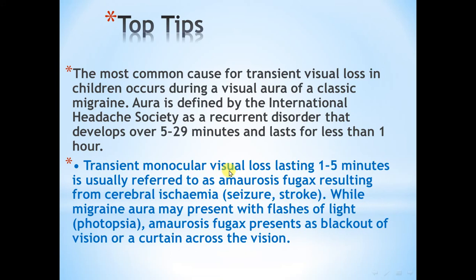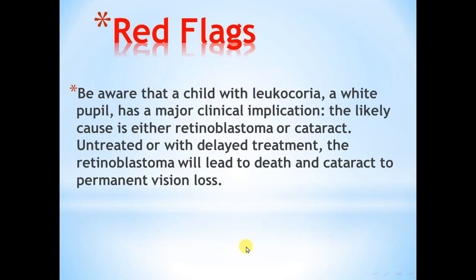Transient monocular vision loss lasting 1 to 5 minutes is usually referred to as amaurosis fugax, resulting from cerebral ischemia, seizure, or stroke, while migraine aura may present with flashes of light, photopsia. Amaurosis fugax presents as a blackout of vision or a curtain across the vision.